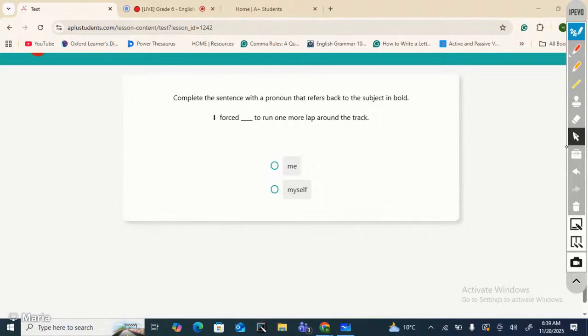I forced blank to run one more lap around the track. The subject in bold is I. Now choose a pronoun that refers back to the subject in bold.